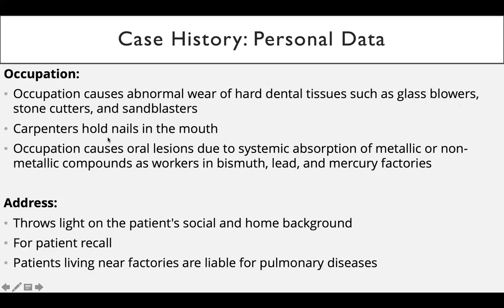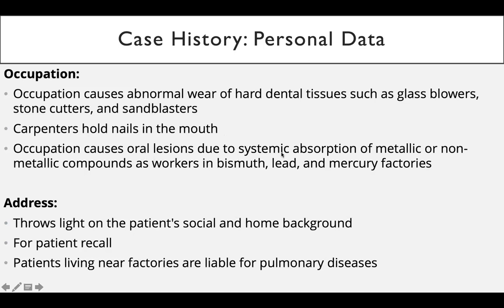And then carpenters hold nails in the mouth. We have seen them, right? When they come to your house and make some furniture, they hold the nails in the mouth, and it's not good for their teeth. Permanent teeth don't come back, so they should be careful of that.